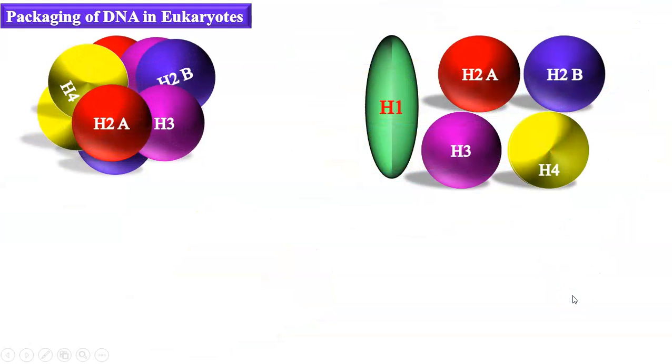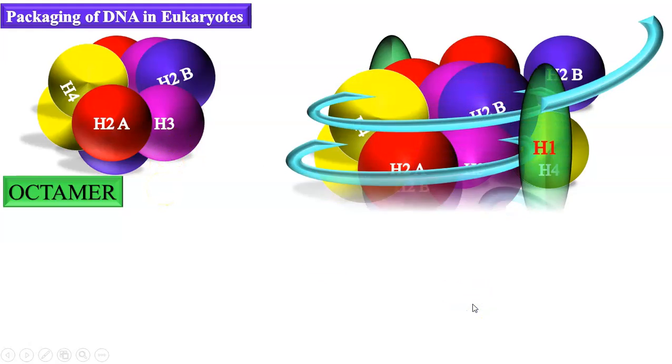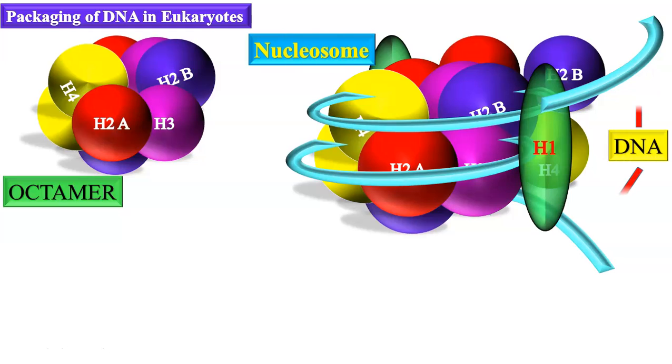So here we find 5 classes of histone proteins, out of which the 4 classes make the octamer, and negatively charged helical DNA is wrapped around the positively charged octamer, forming a structure called a nucleosome.